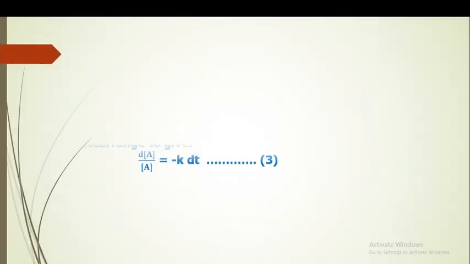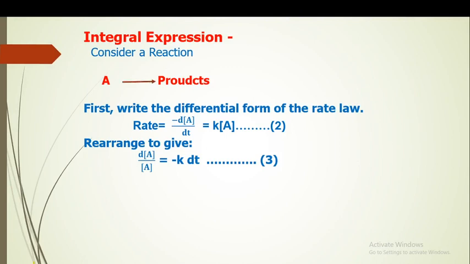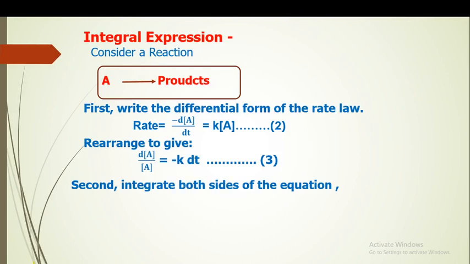So we will see the integral expression for the first order reaction. So consider a reaction A gives products. So if we write the differential form of the rate law, rate is equal to decrease in the concentration of reactant, that is minus dA divided by change in the time.